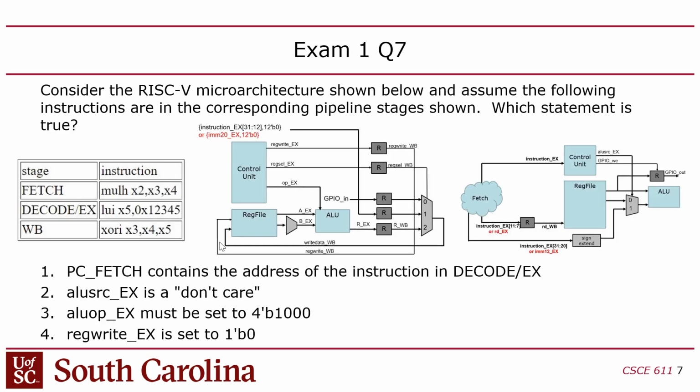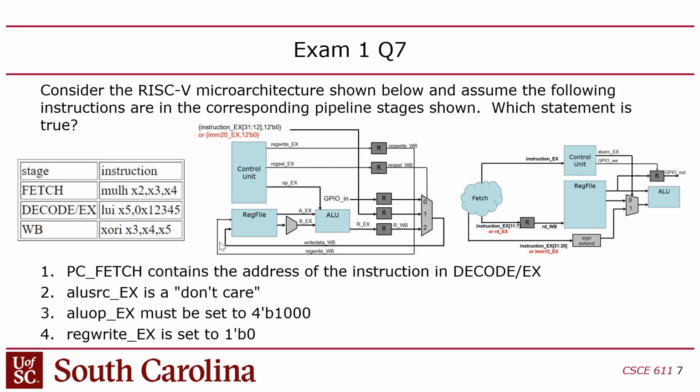And then we have: consider the RISC-V microarchitecture shown below and assume the following instructions are in the corresponding pipeline stages. Which statement is true? PC fetch contains the address of the instruction in decode EX. Well, that's not true because PC fetch would have the address of the instruction in fetch, right? Option 2 is ALU source EX is a don't care.